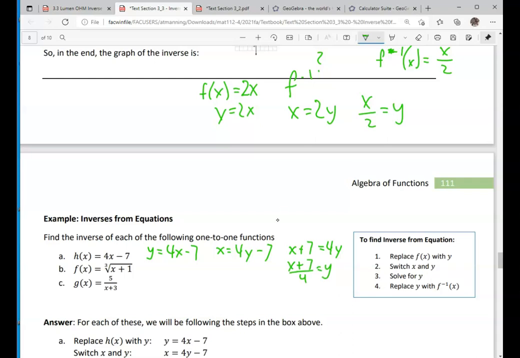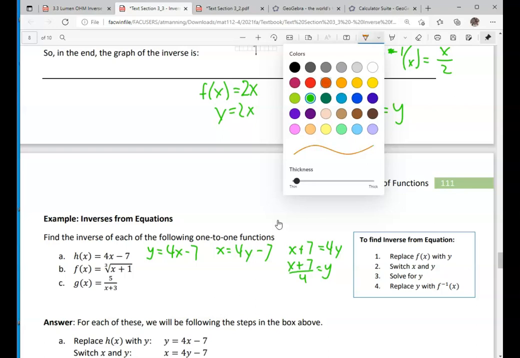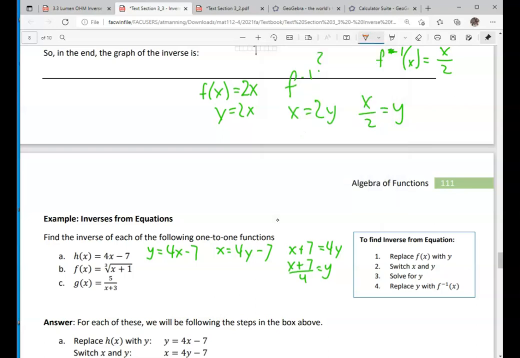Getting a little more challenging here, but let's work through the same steps on that one. I'll change the pen color for that one. Orangish. We'll start again. Y equals the cube root of x plus 1. Switch x and y. X equals cube root of y plus 1. How do I get y by itself?